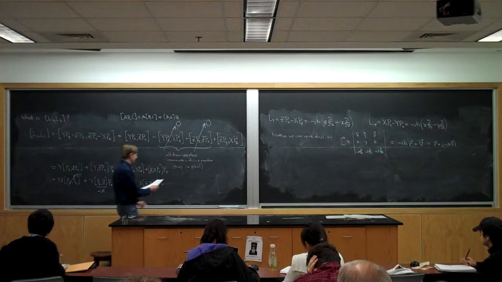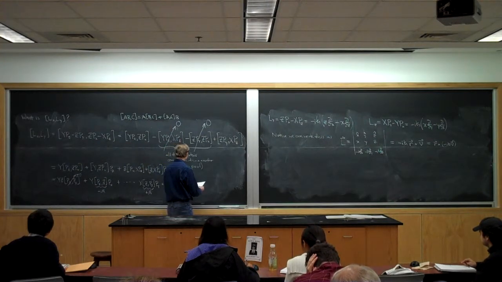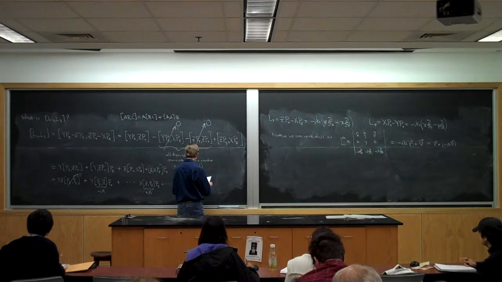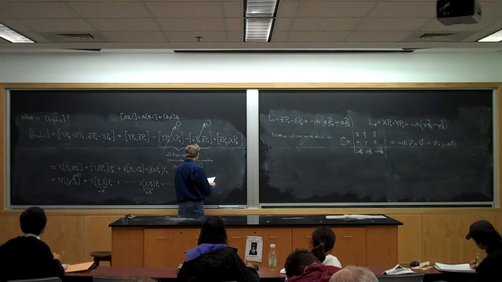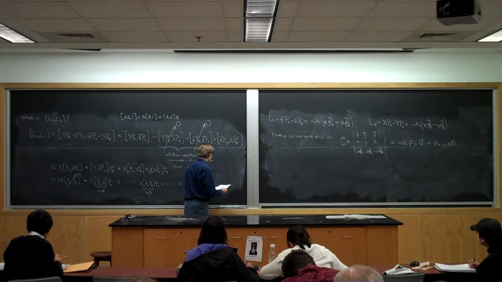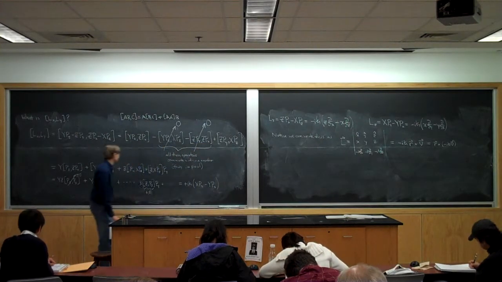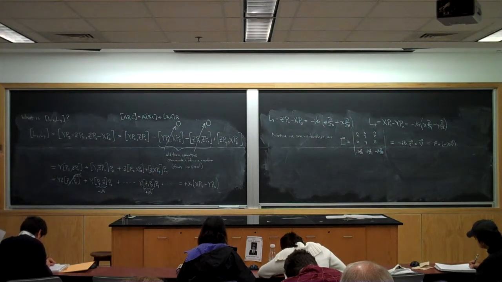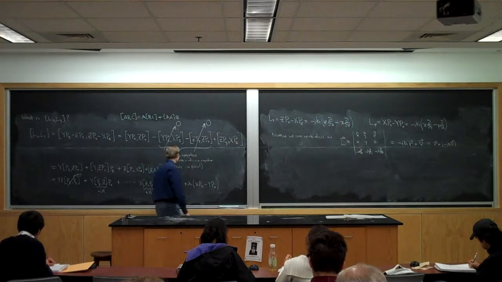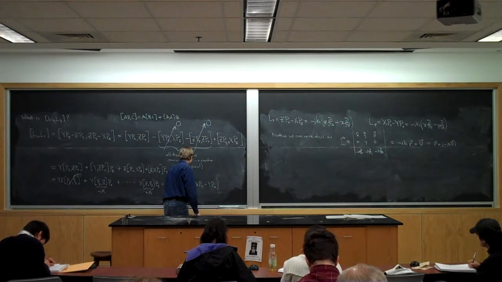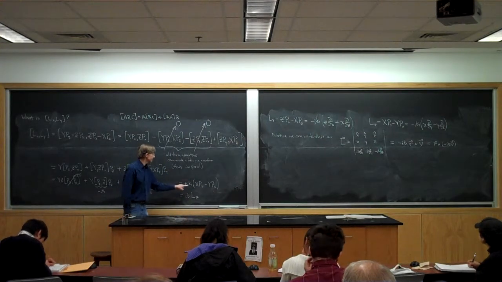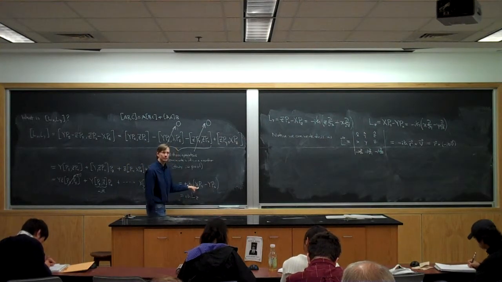So in the end, what I'm going to get is equal to plus i h bar times (x py minus y px). But that is the z component of the angular momentum right there.